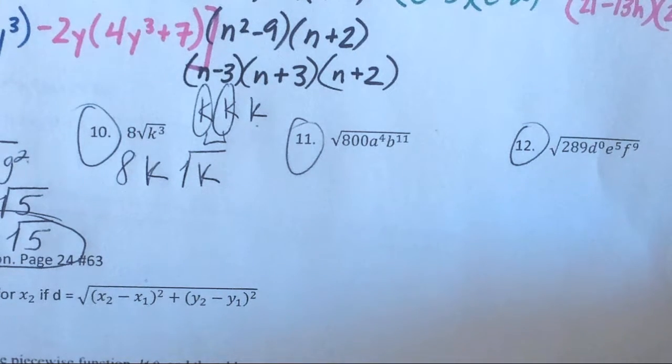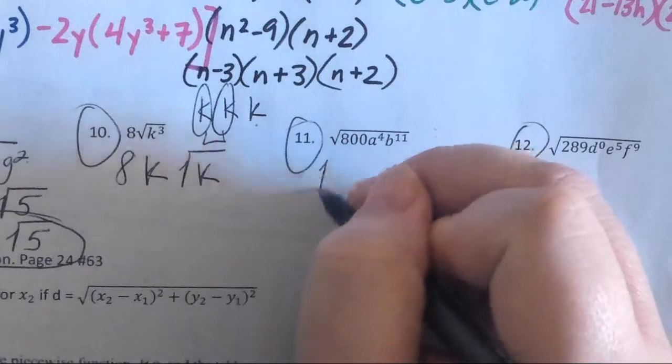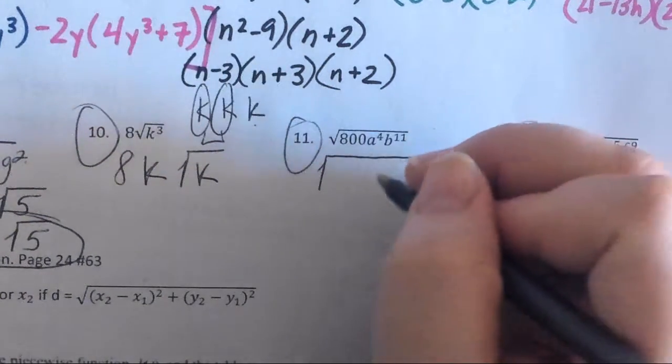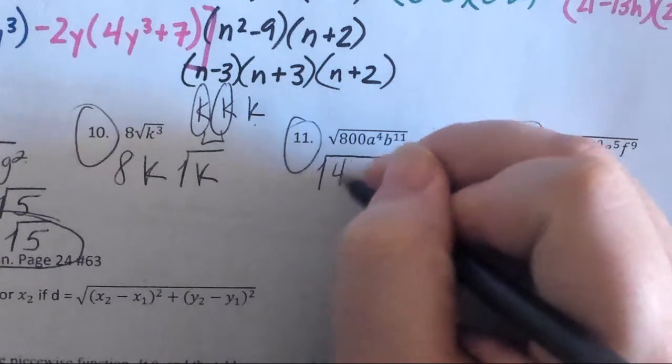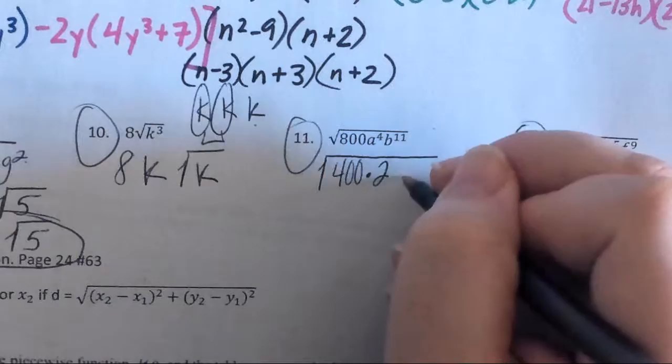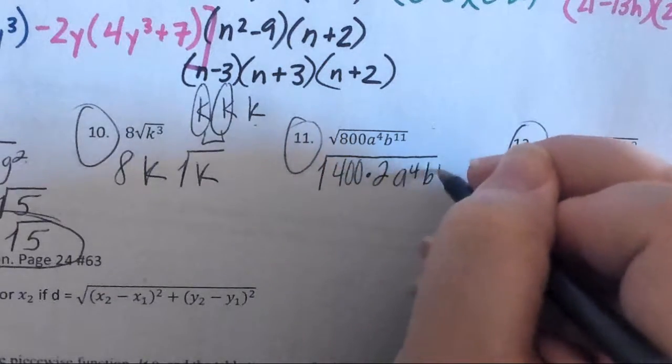Do not tell me 108, because 108 is not correct. Well, 100 is a perfect square, but there's a bigger one that goes into 800. 400 times what? 2. Yes, and he said 400, so we're going to give him the point. And then I'll leave the exponents alone for a second.